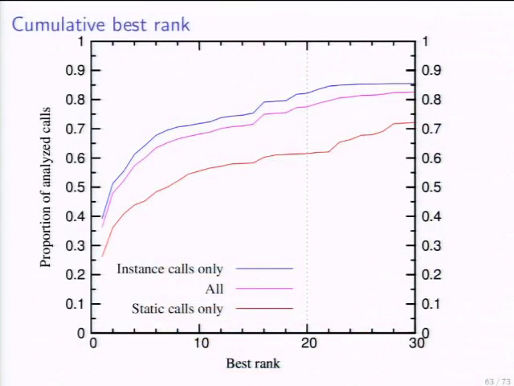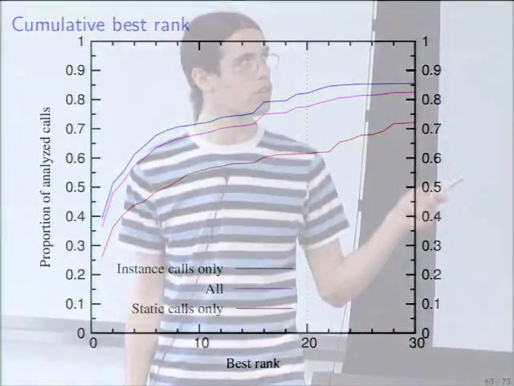I'm going to overlay on this graph a breakdown of separating instance calls only and static calls only. At the top, we can see that instance calls do slightly better, and it does somewhat notably worse on static calls. I'm not entirely sure why this is, but I suspect that it's because searching through all of the static methods is simply a larger search space.